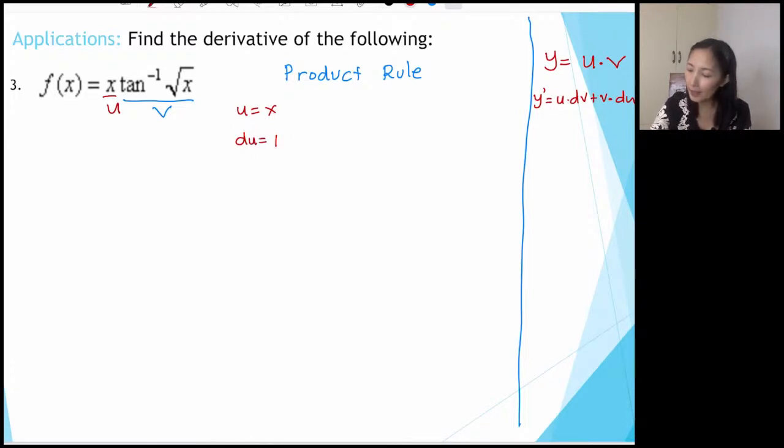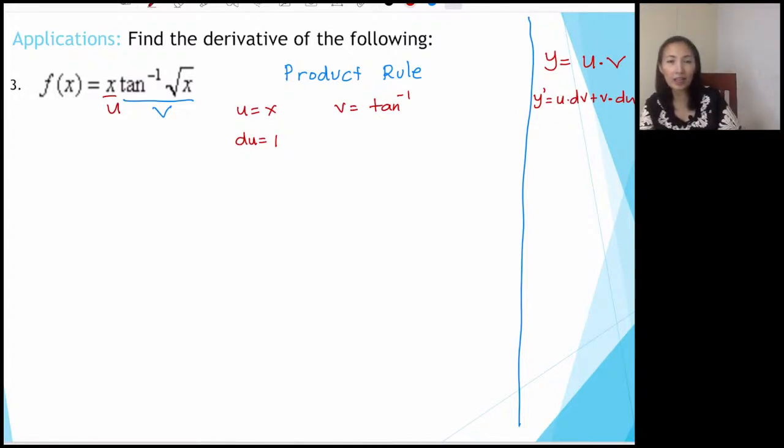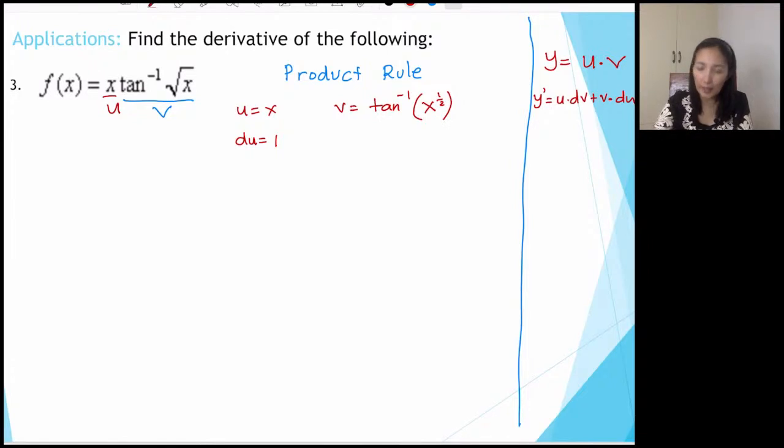Okay, next, our v is arctan of the square root of x. However, we can rewrite the radical into its exponential form as x raised to 1/2. Okay, arctan of x raised to 1/2.